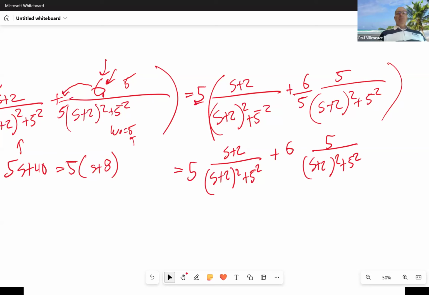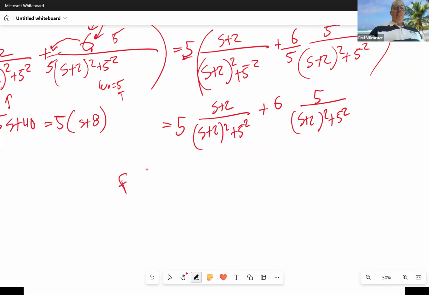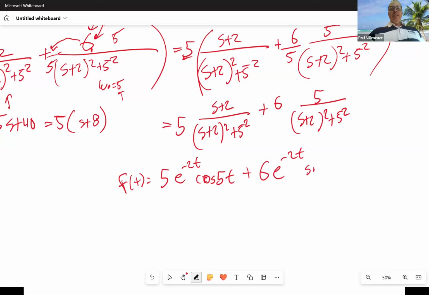And so my final expression in the time domain, my f of t is equal to 5 e to the minus 2t cosine, not co5, cosine of 5t plus 6 e to the minus 2t sine of 5t.